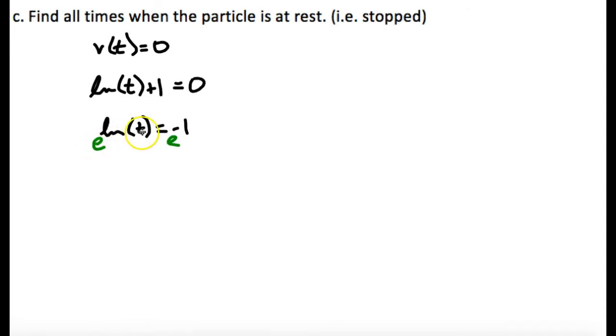So e to the natural log of t, that cancels out, and all we're left with is t over here, and then over here we have e to the negative first power, or we could just write that as 1 over e to the positive first power. Right, so this is my only time when the particle is at rest, at t equals 1 over e.